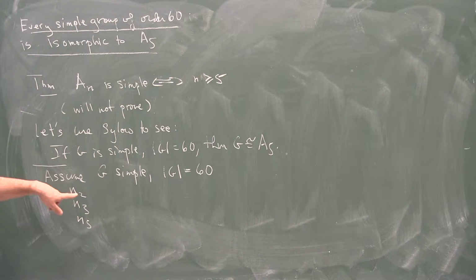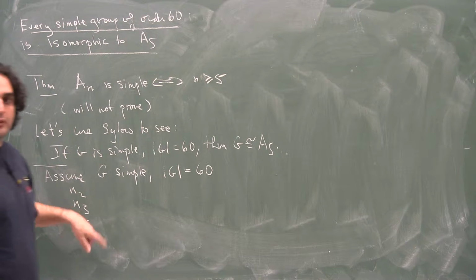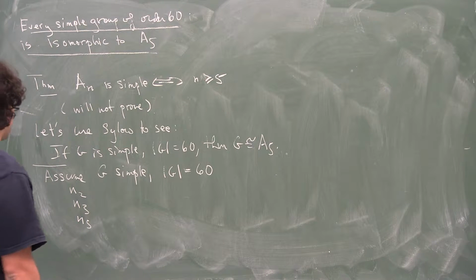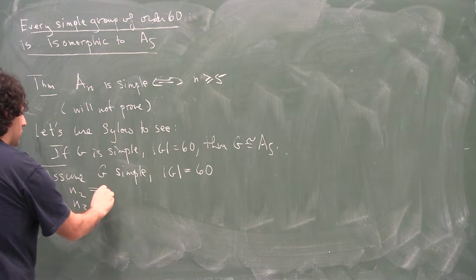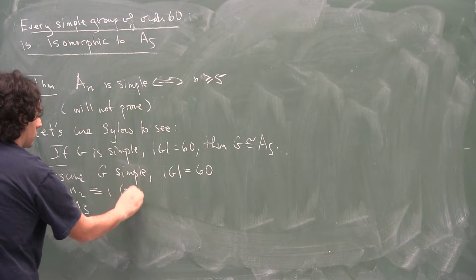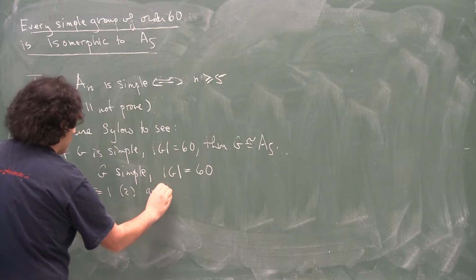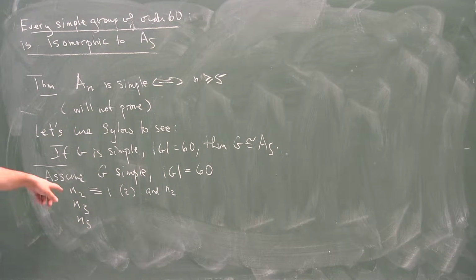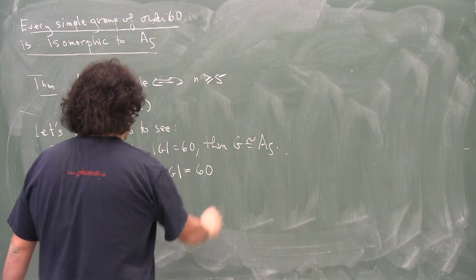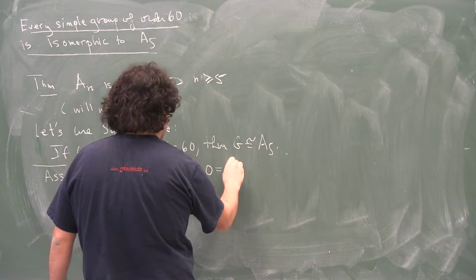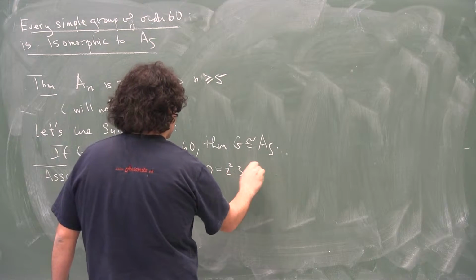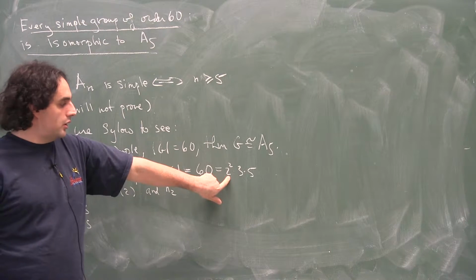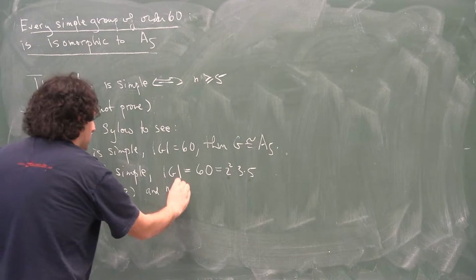These are the number of 2-Sylow, 3-Sylow, and 5-Sylow subgroups of G. And by Sylow 3, we know that n_2 is congruent to 1 mod 2, and n_2 divides the index. So this 60, it's 2 squared times 3 times 5. So the order of a 2-Sylow subgroup is 4, so its index is 15.